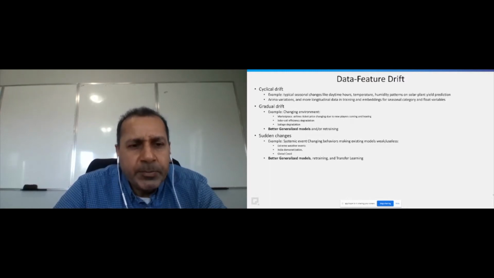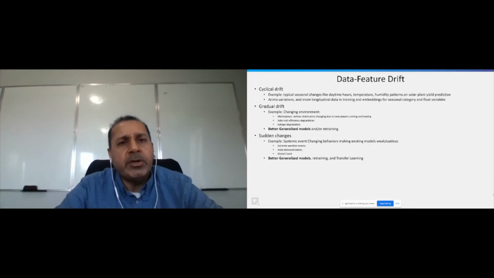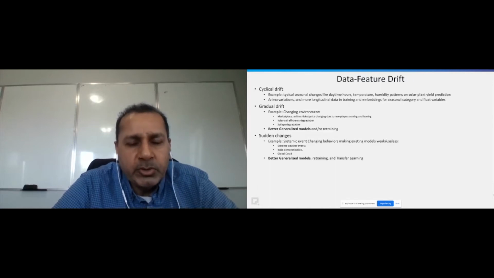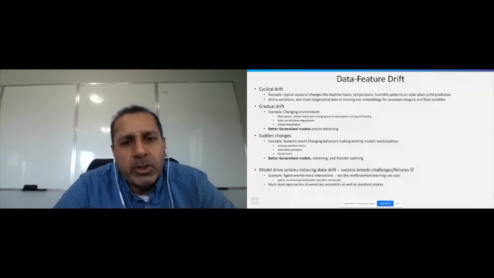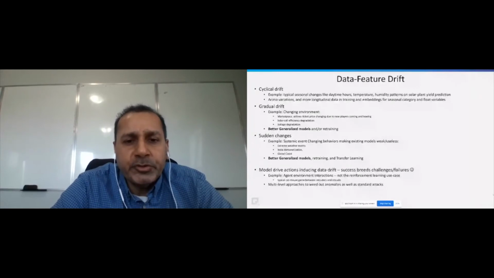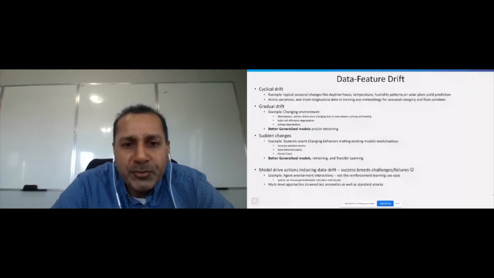And just to complete the picture, there's also another field of drift, which could be model-driven actions inducing data drift or feature drift. This is one of those examples where if you're solving a problem related to intrusion detection and you're successful, then obviously the intruder is going to innovate in useful ways, and your model would also have to keep on working on finding those intrusions.